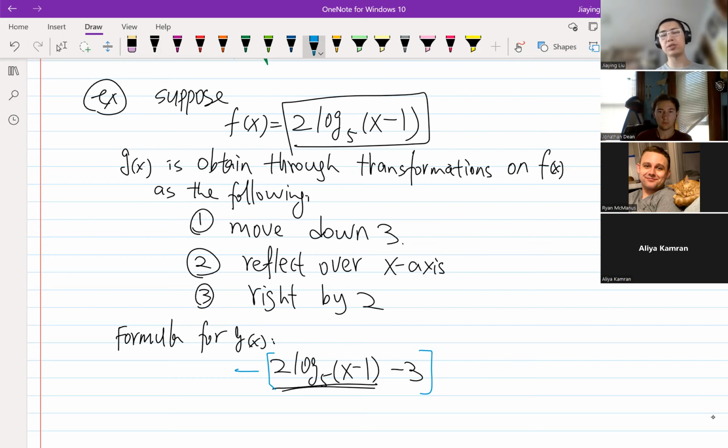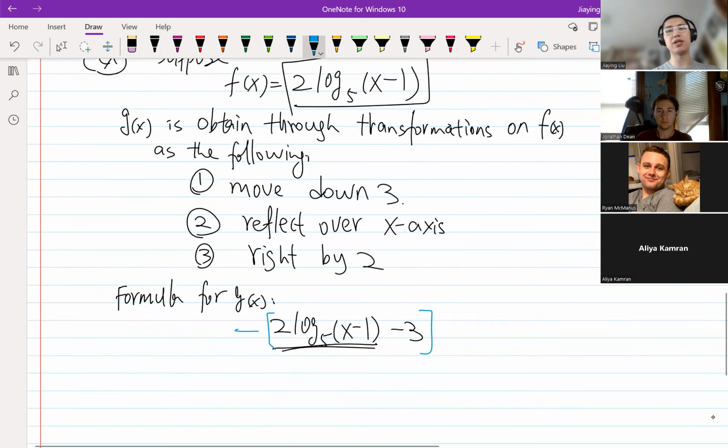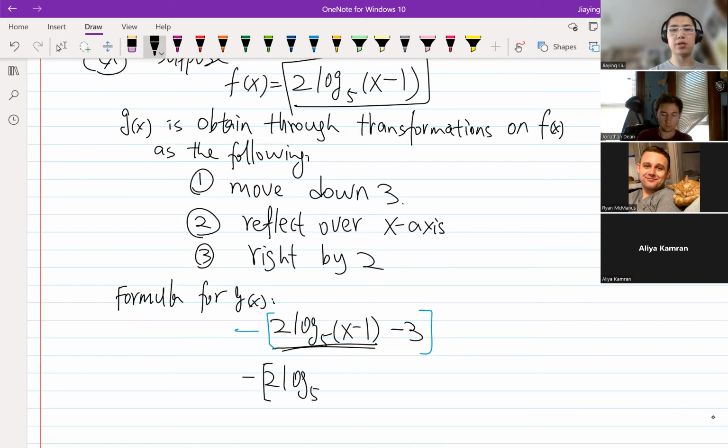But inside the parentheses, the x - 1 will be different. When I move it to the right, I'm going to subtract 2 from the x part. So that's going to give me negative 2 log base 5 of (x - 1 - 2), minus 3.